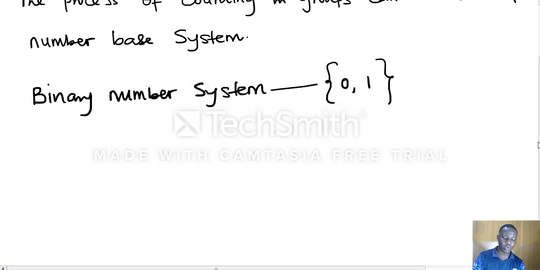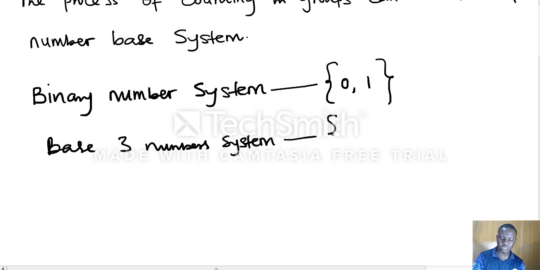Also, we have the base 3 number system, which is made up of 3 digits, which are zeros, ones, and twos.